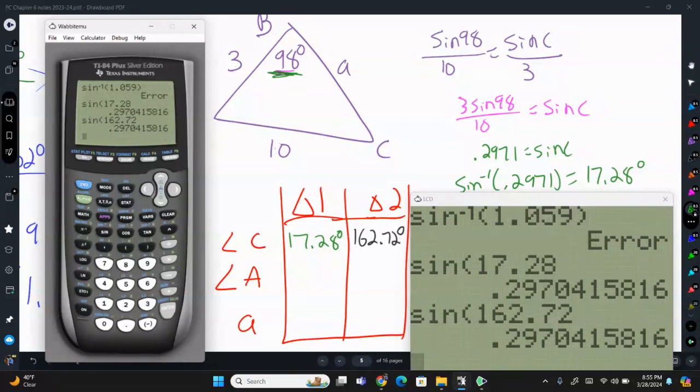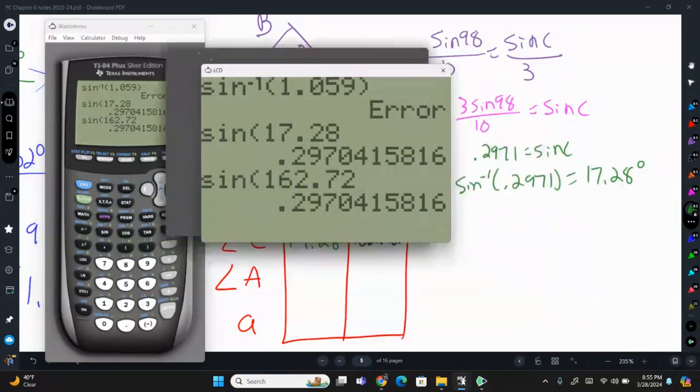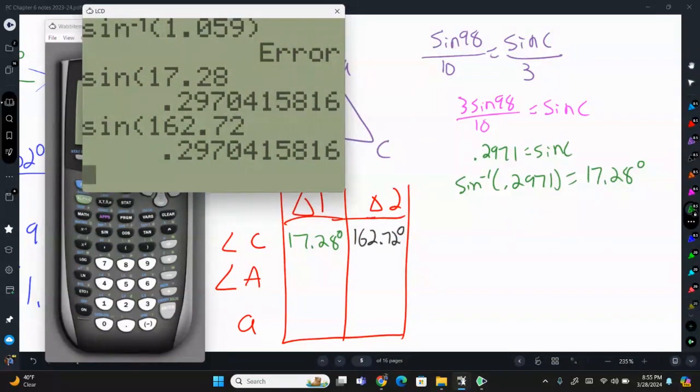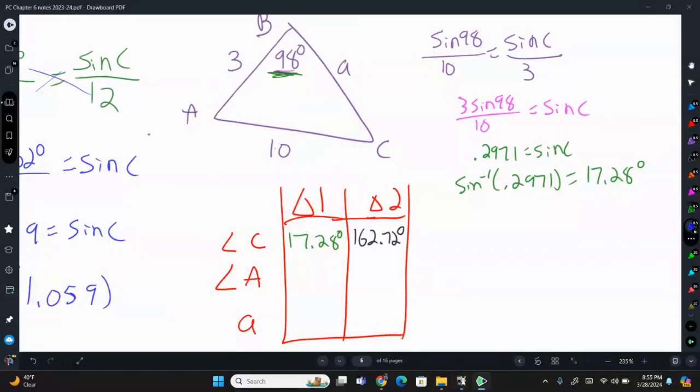That's why the ambiguous case exists, because when we do that inverse sine, remember, it's asking ourselves what angle has a sine value of 0.2971. And two angles that are less than 180 have that sine value, so we have to account for both of them. These two angles, when we're testing for the two triangles, these two should always add to 180.